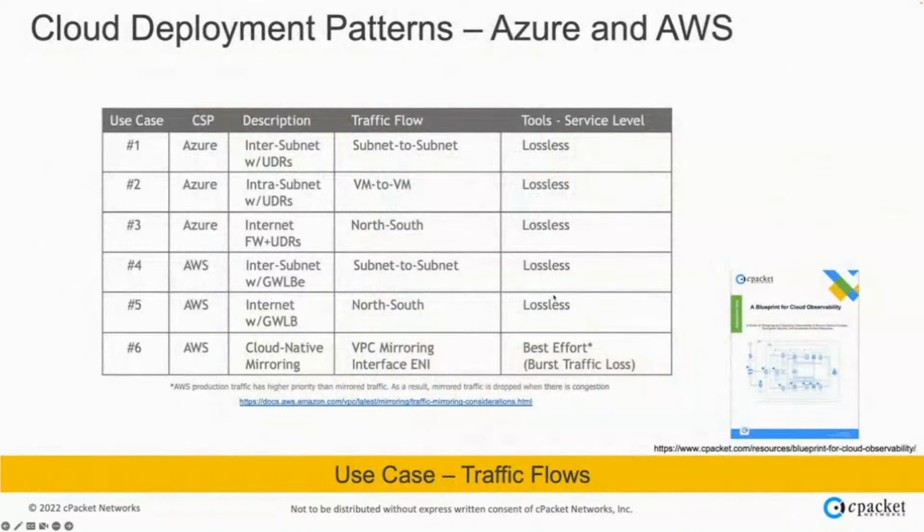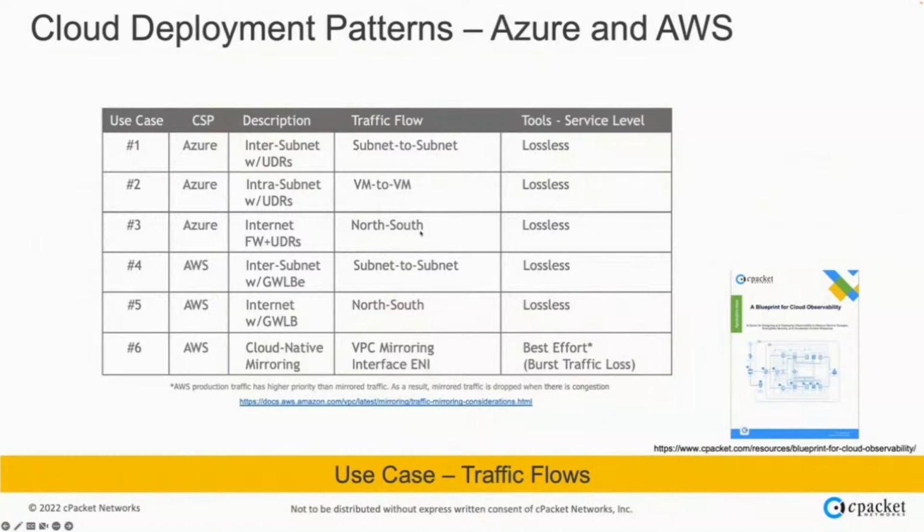So let's move on to deployment patterns for the cloud. We tend to talk about this in terms of traffic flow. What traffic are you trying to get to, right? Is it VPC to VPC? Is it VNet to VNet in Azure? Are you trying to get to VM traffic?